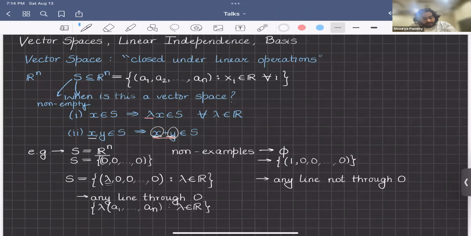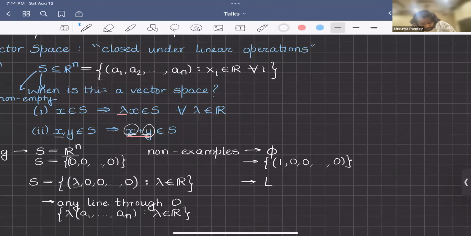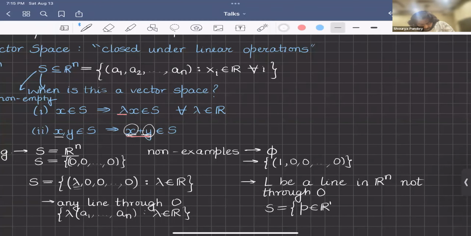This is the set of points on the line. So maybe let L be a line in R to the n, not through O, and I'm taking the set of all points P such that P lies on L.